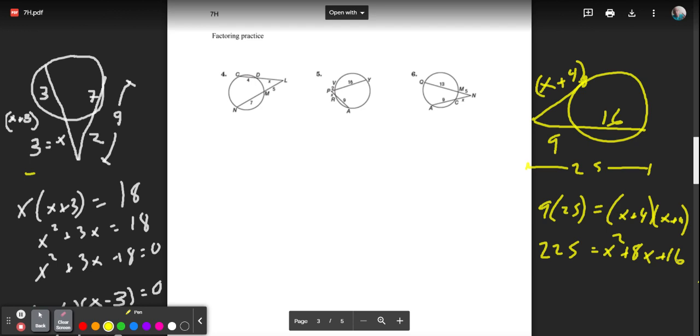Next we have to move the 225 over, so I'm going to have x squared plus 8x plus 16 minus 225, which is negative 209. So now we have x squared plus 8x minus 209 equals 0.